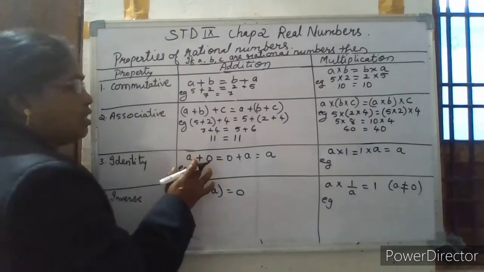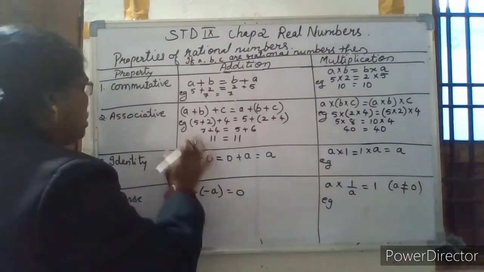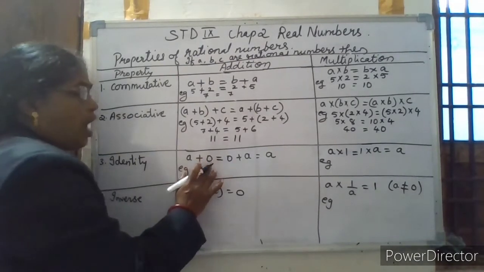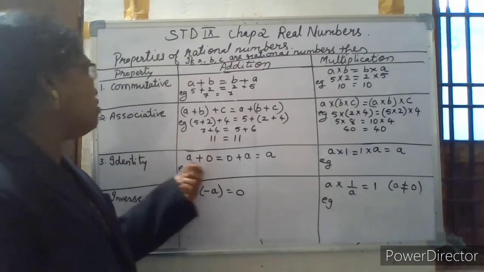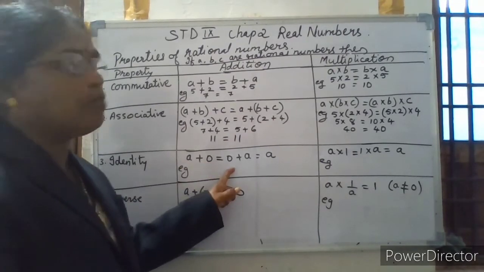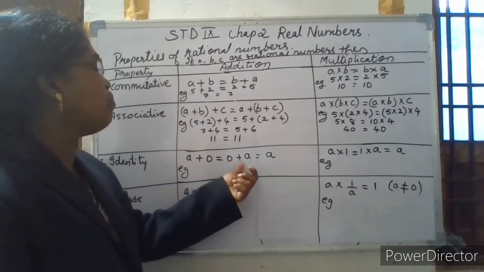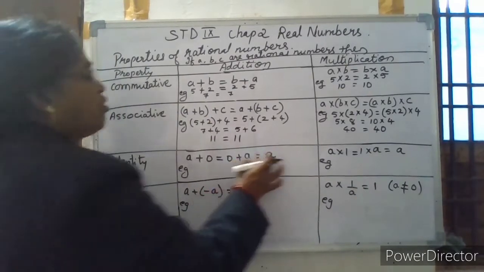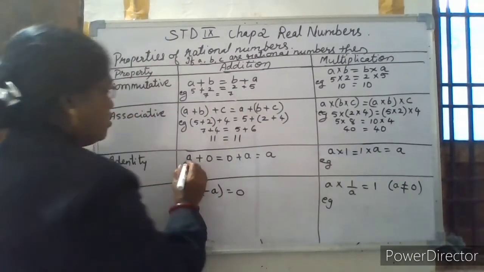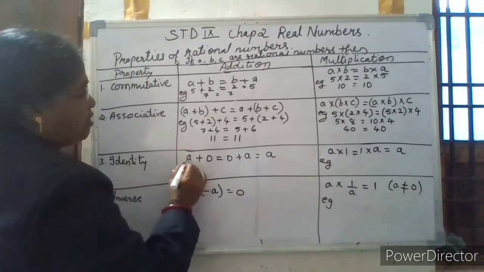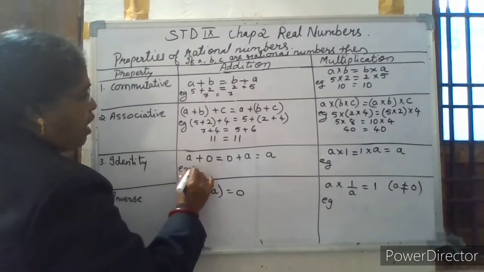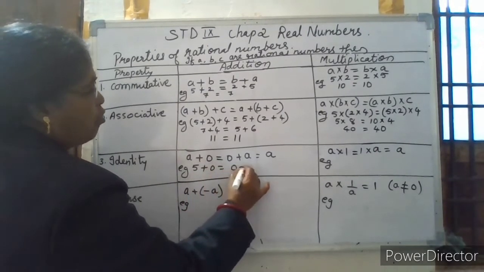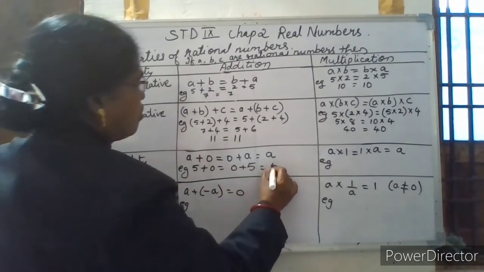The identity property of addition is: if you add 0 to any number, it is always equal to 0 plus a, and that is equal to the given number. Suppose a, as in the above example, I have taken as 5. 5 plus 0 is equal to 0 plus 5. That is equal to 5.